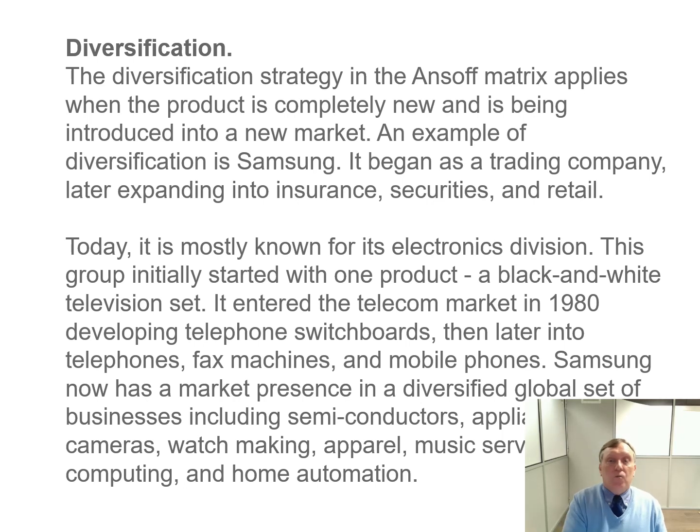Today it's most well known for its electronics division, though this group initially started with one product, a black and white television set. It entered the telecom market in 1980, developing telephone switchboards, then later telephones, fax machines, mobile phones. So it now has a market presence in a diversified global set of businesses, including many different things, obviously, that we already know, semiconductors, cameras, watches, etc.